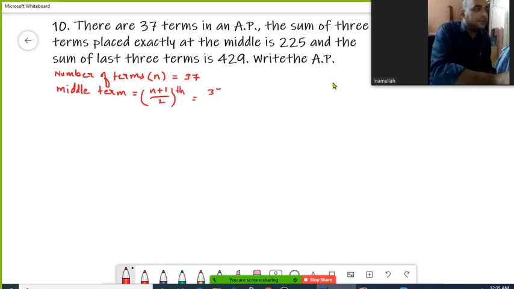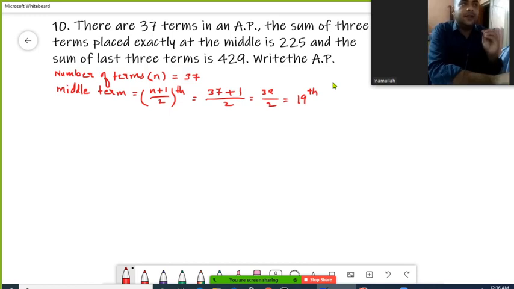N is 37, plus 1 upon 2. So that is 38 upon 2, which is the 19th term. So it is clear now that the 19th term is in the center of this arithmetic progression.